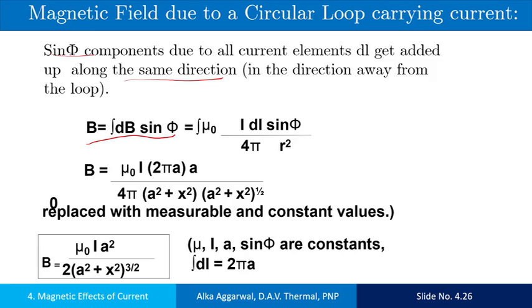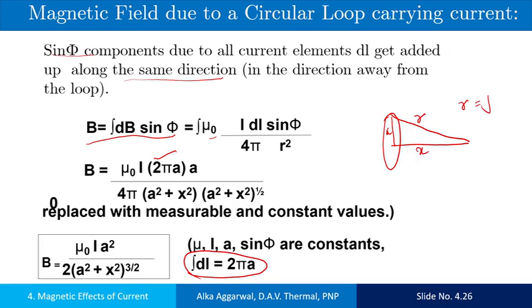Now put the value of dB, which is equal to mu naught upon 4 pi I dl by r square. Now the integration of dl is 2 pi a. Let us recall the figure. This distance is a, this distance is x and this is r, and r is equal to under root of a square plus x square, so r square is a square plus x square.